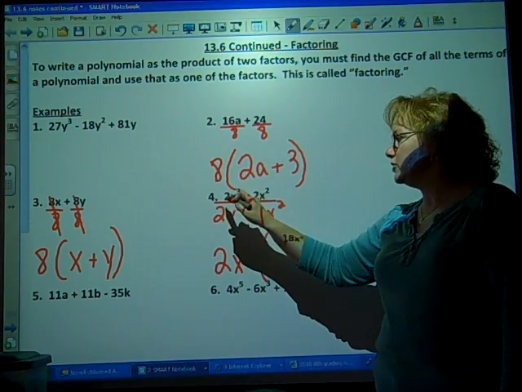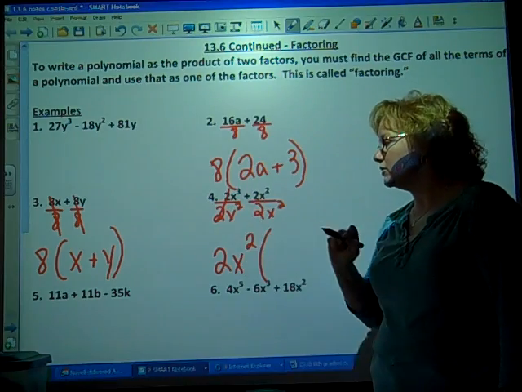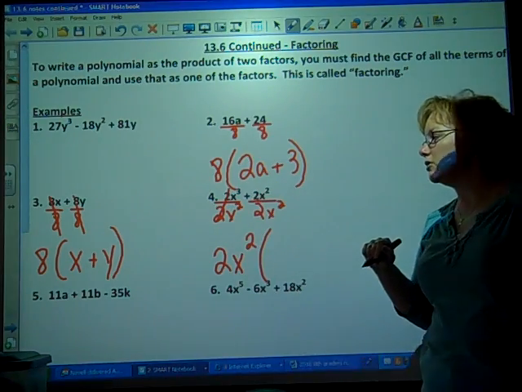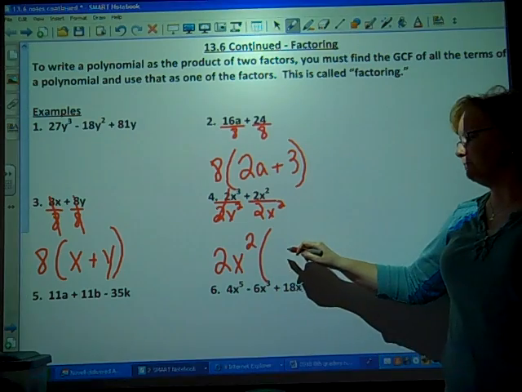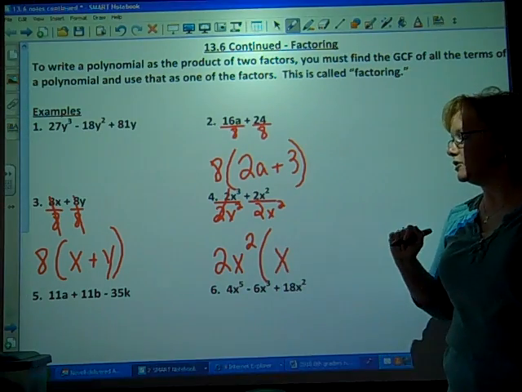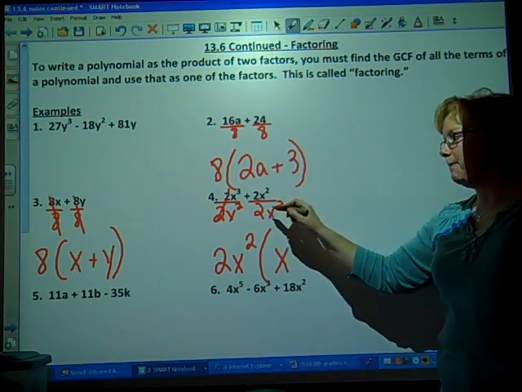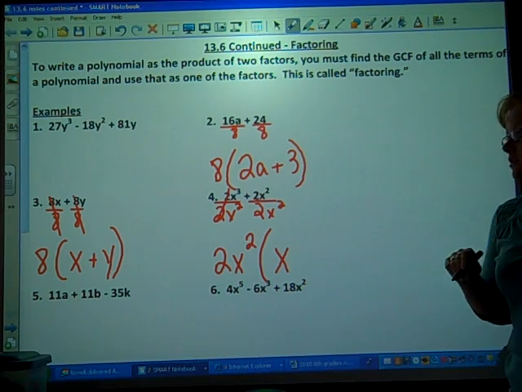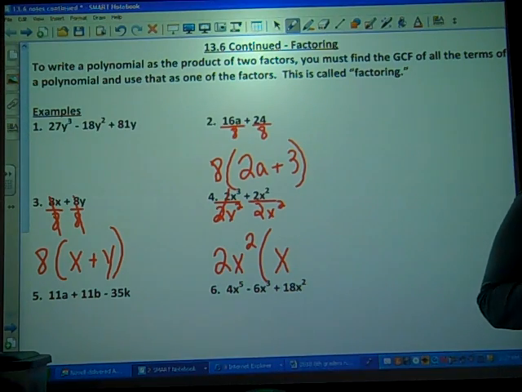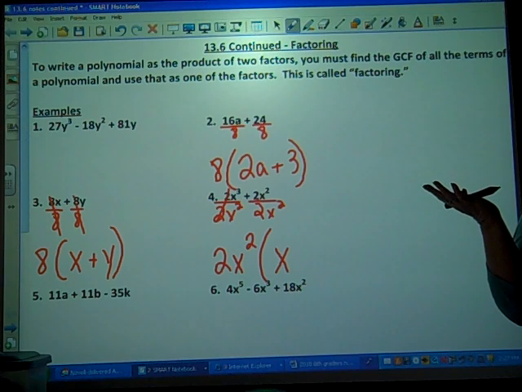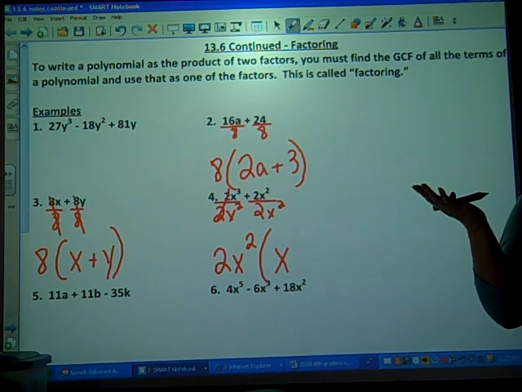So 2 divided by 2 is? Okay, so those cancel. x to the third divided by x to the second is what? x. Okay, now, here's the tricky part. What happens right here? I have 2x to the second power divided by 2x to the second power. What happens? 1. Okay, I get a 1.